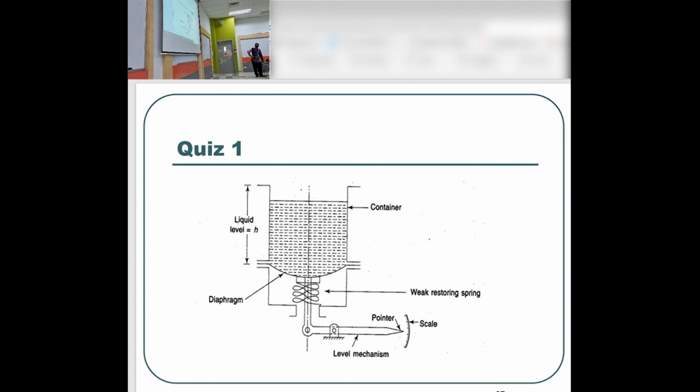Which part can we change in the lever mechanism? The fulcrum, isn't it? The position, the point. If we move towards the scale, it will be more sensitive, isn't it? No, it's less sensitive, isn't it? But it will give more resolution.